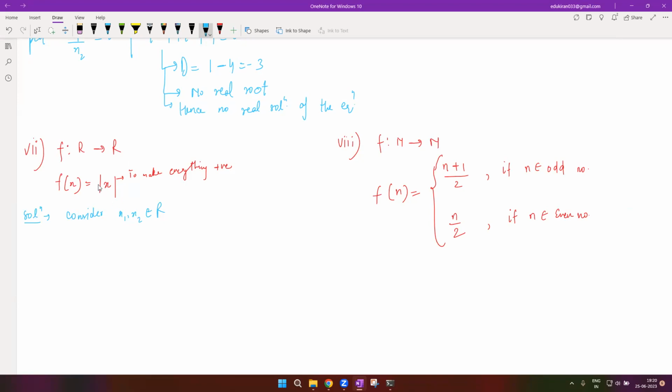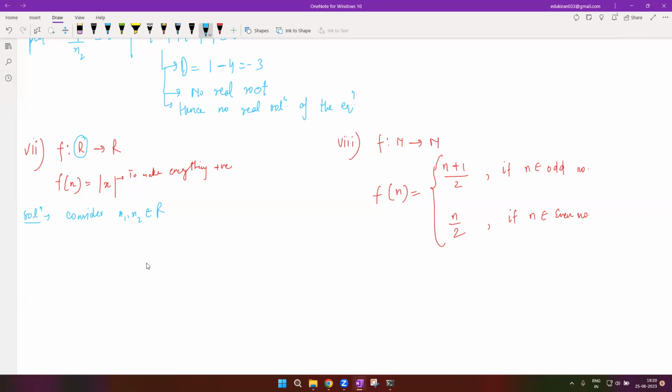Okay, let's start with our two standard lines: consider x1 and x2 belong to the domain. The domain here in this case is basically the set of real numbers.